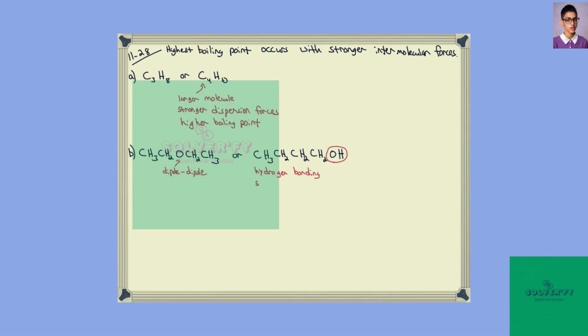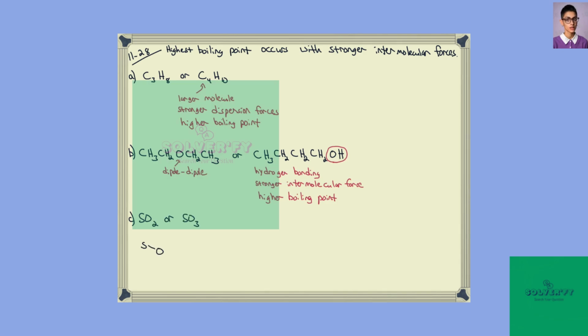Because these molecules are about the same size, we won't consider comparative dispersion forces. We will compare the strength of the dipole-dipole intermolecular force with the strength of hydrogen bonding, where hydrogen bonding is greater. Because hydrogen bonding results in a stronger intermolecular force, this molecule will have a higher boiling point.